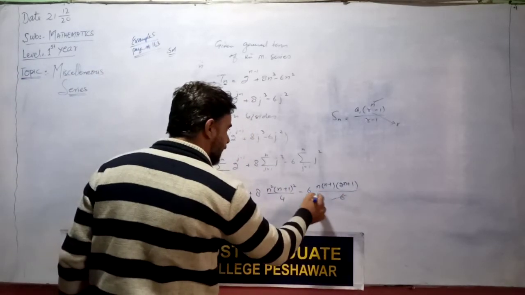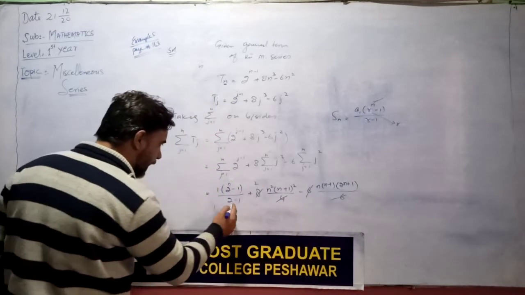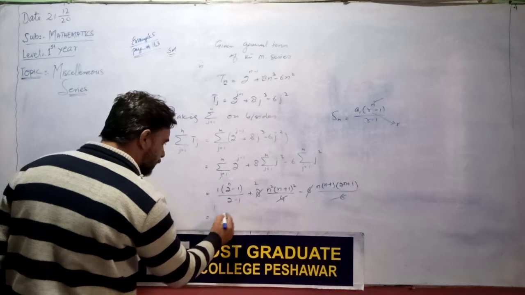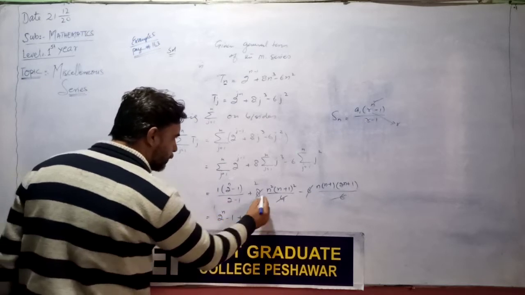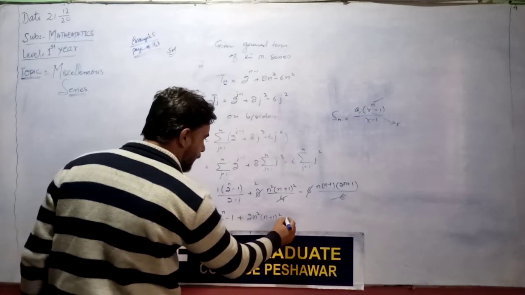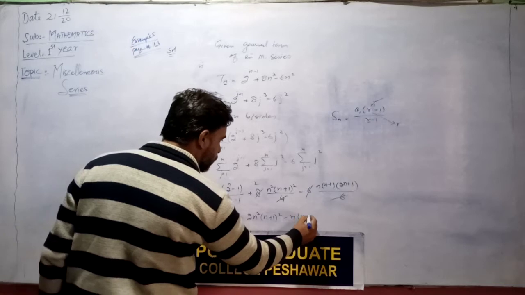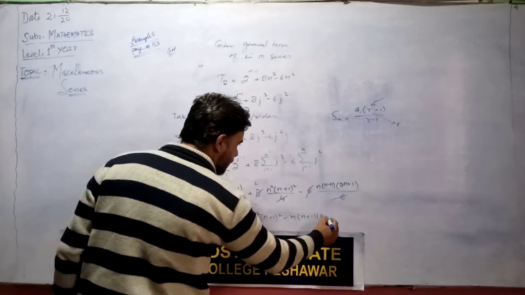So this 6 will cancel with this 6, and this 4 will cancel with the 8 to give 2, and this actually gives you 2 power n minus 1, and we are left with 2n square times n plus 1 whole square, minus n times n plus 1 times 2n plus 1.